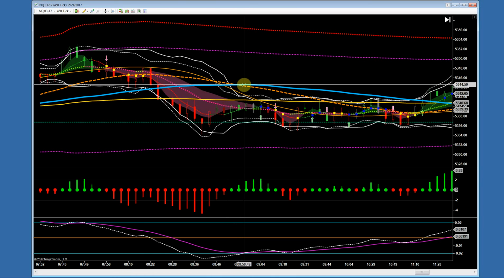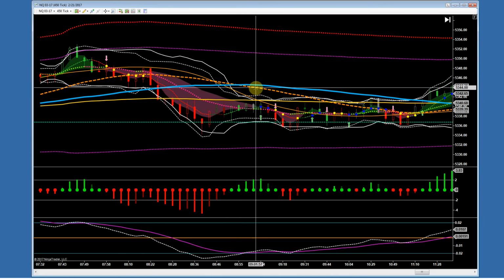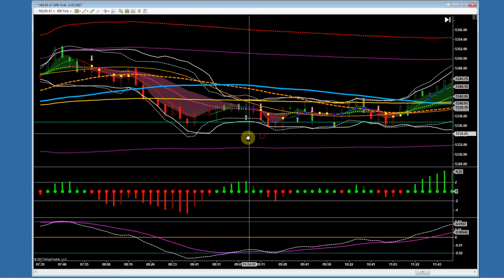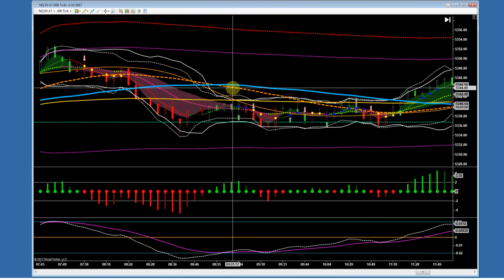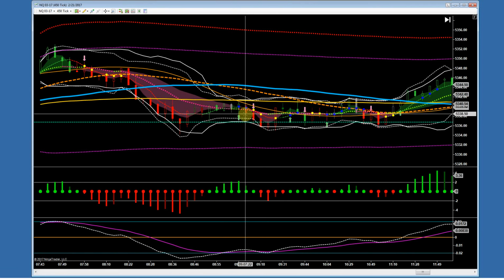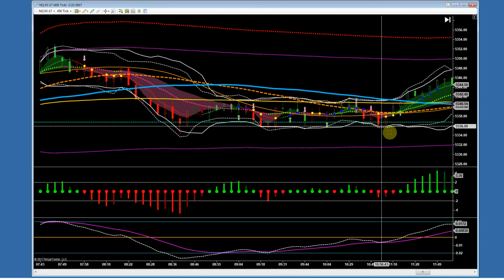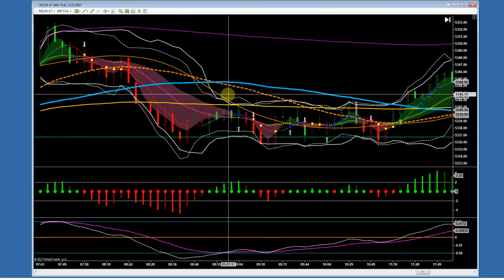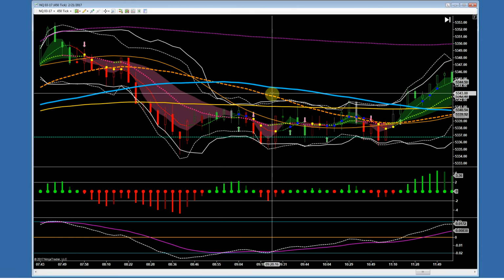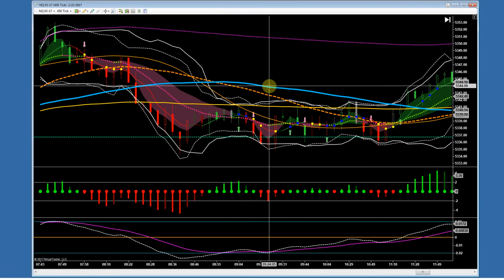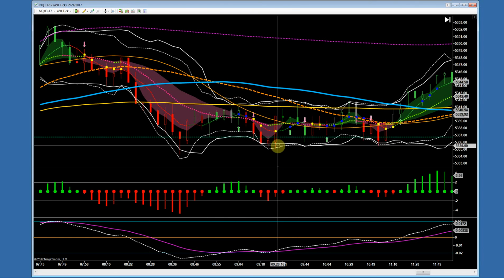Now they crossed under here. So now you got a slightly stronger potential bearish bias with the market dipping down. You see that with the orange line crossing under the blue line. And you see how prices hold back from that.